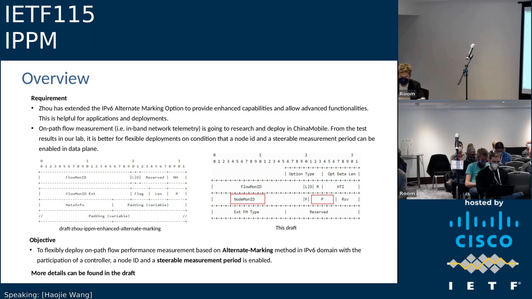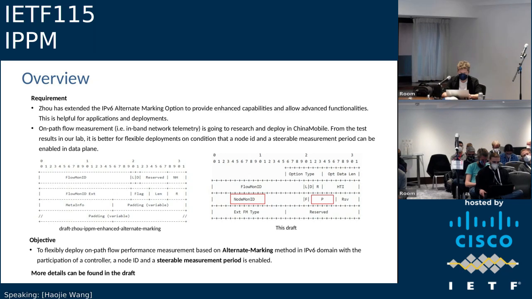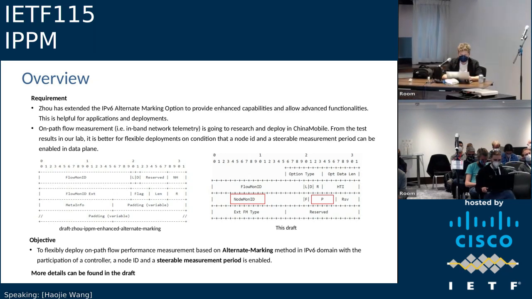So to flexibly deploy on-path flow performance measurement based on the alternate-marking method in an IPv6 domain with the participation of a controller, a node ID and a steerable measurement period are urgently demanded. More details can be found in the draft.